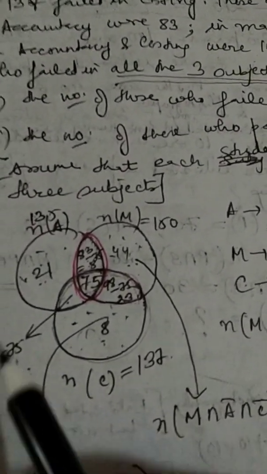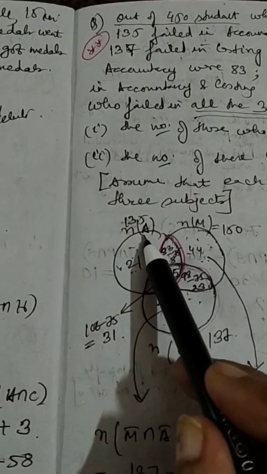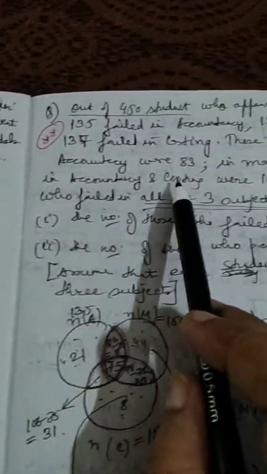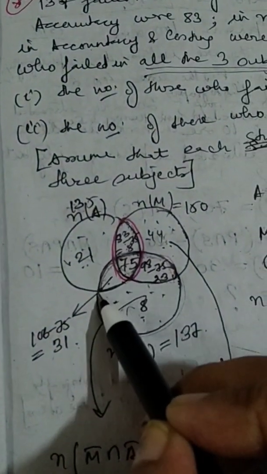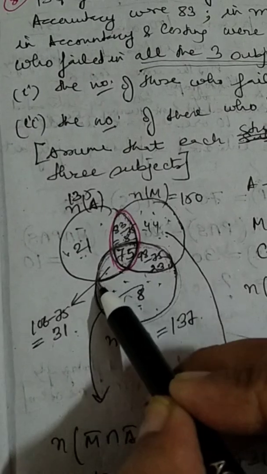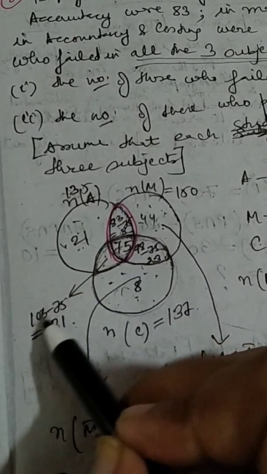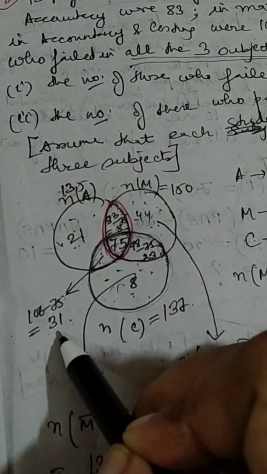Okay, this part over here, what is the common between A and C? Those who have failed in accountancy and costing were 106. So this entire portion over here is 106, and this small portion is going to be 106 minus 75, that is 31.